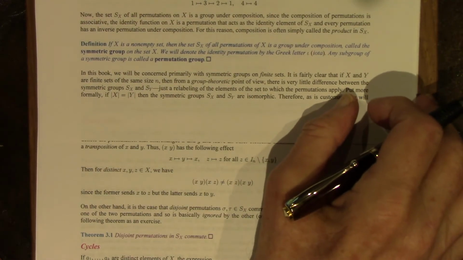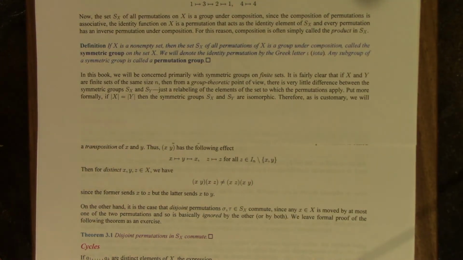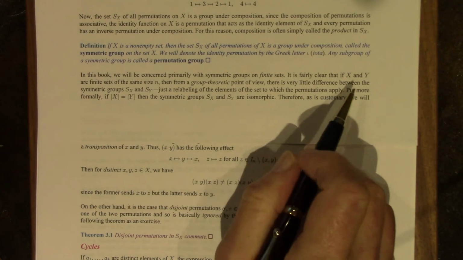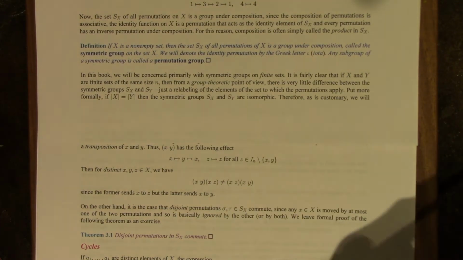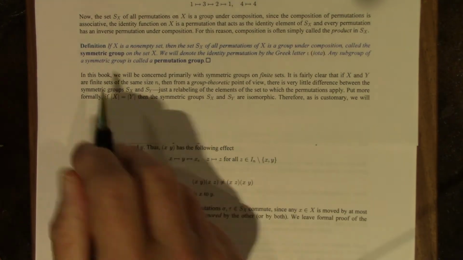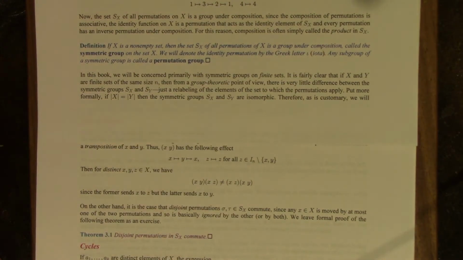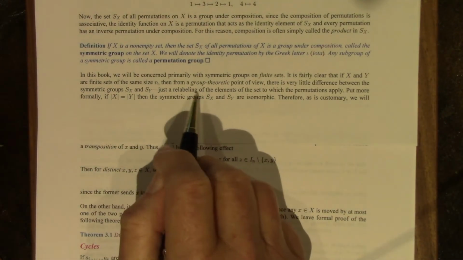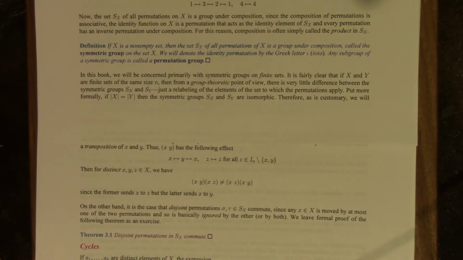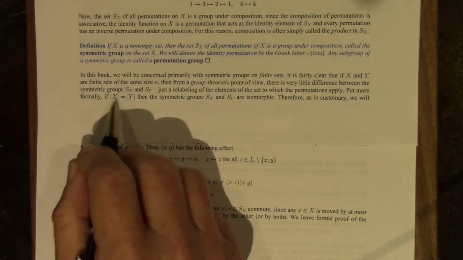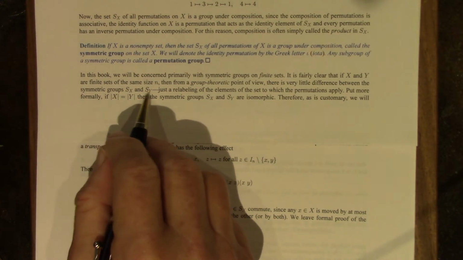In this book, in this course, we'll be concerned primarily with symmetric groups on finite sets. But regardless, it's fairly clear that if x and y are sets, let's say finite sets of the same size n, or even infinite sets of the same cardinality, then from a group theoretic point of view, there's very little difference between the two symmetric groups S sub x and S sub y.